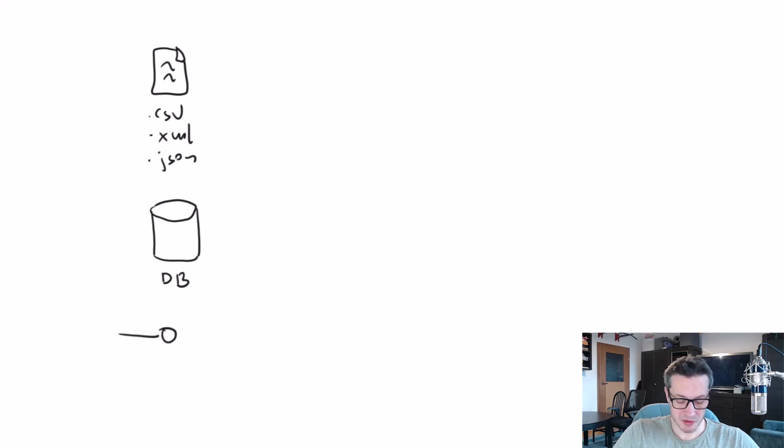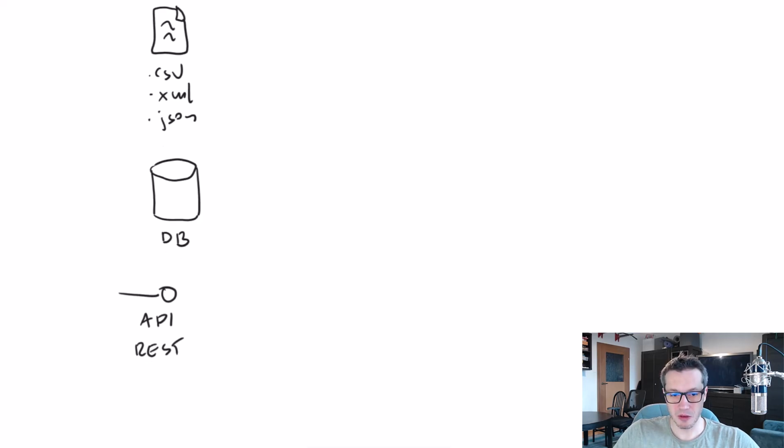We might also have to deal with various APIs, like the REST API that we saw last time when I was talking about this replicable API. And overall, all of this stuff, these are just our data sources.